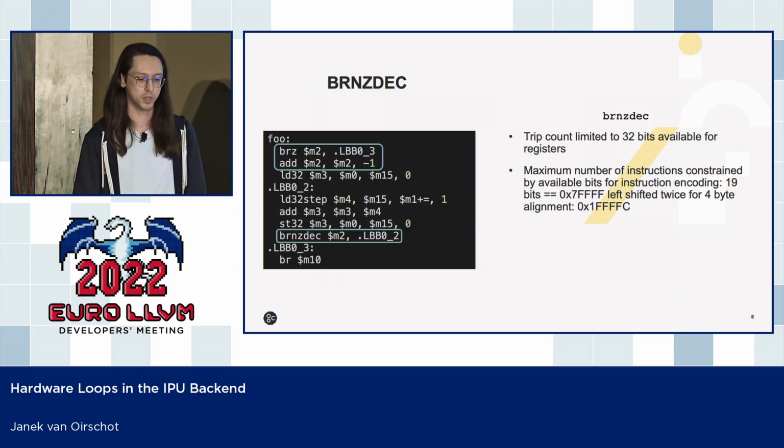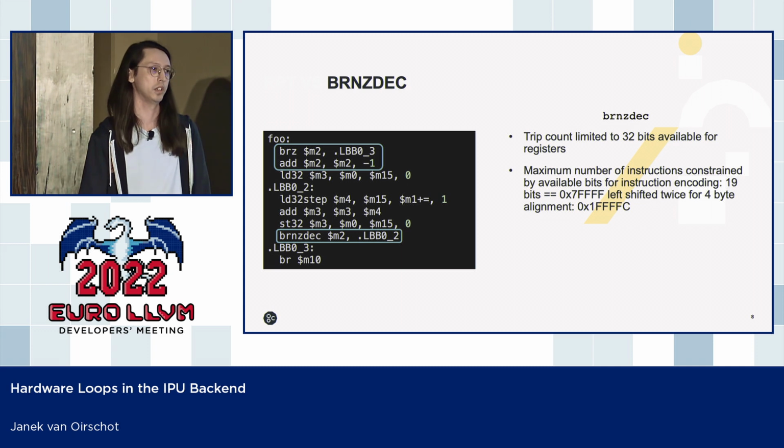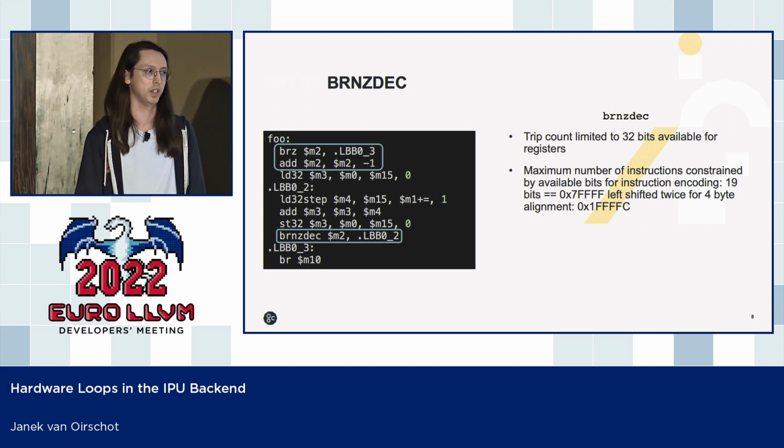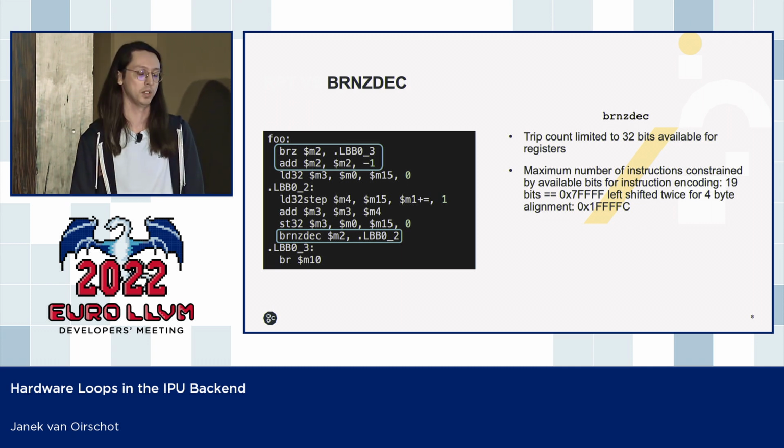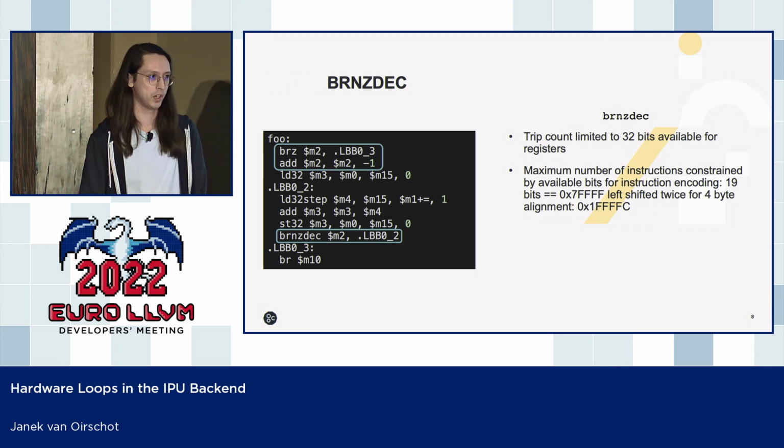The branch non-zero decrement does need the branch over the loop, and also needs an adjustment of the trip count. And of course, we have the branch instruction in the loop body itself, adding a single cycle to each iteration.